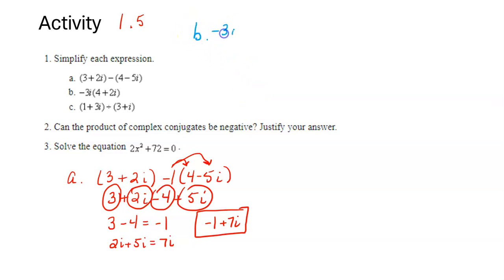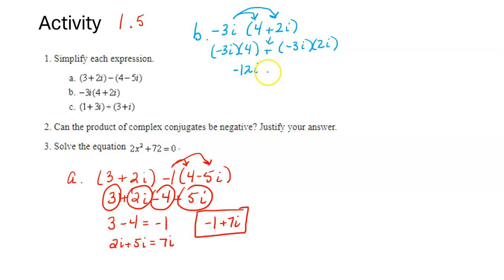Okay, let's change colors and do B up here. So I have -3i times (4 plus 2i). So I'm going to distribute. So -3i times 4 plus -3i times 2i. -3 times 4 gives me a -12i, my bad.